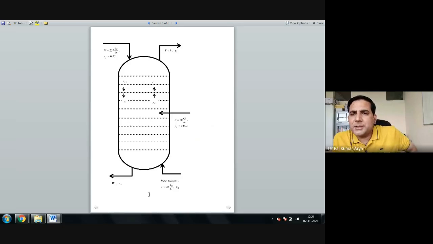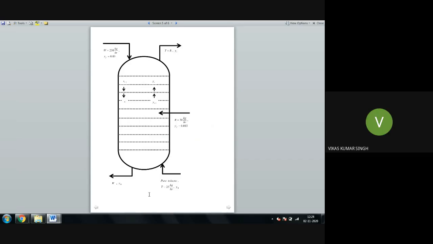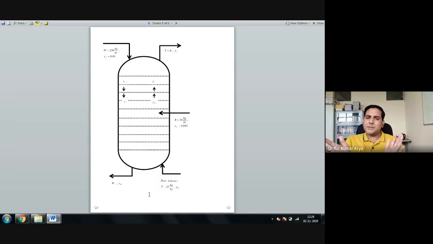Y is the composition of, we are doing this balance completely for aniline. So in pure toluene, how much will y11 be? Zero. Right? So you have everything. You have W, you have your T, you have your R, and you have what would be this y1 then? Will this y1 be known or unknown to you?